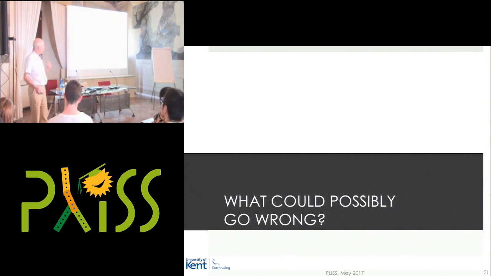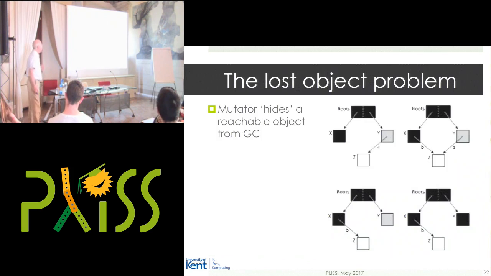Objects and colors, and this Tricolour abstraction. This is a sort of a thought experiment. What could make our collector incorrect?